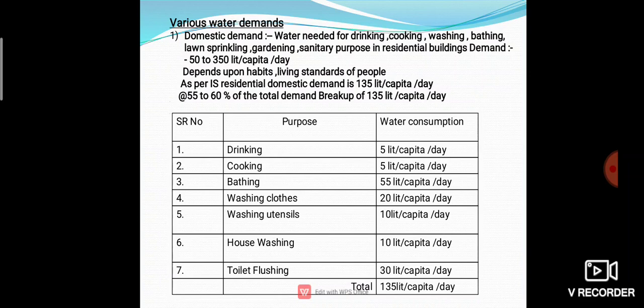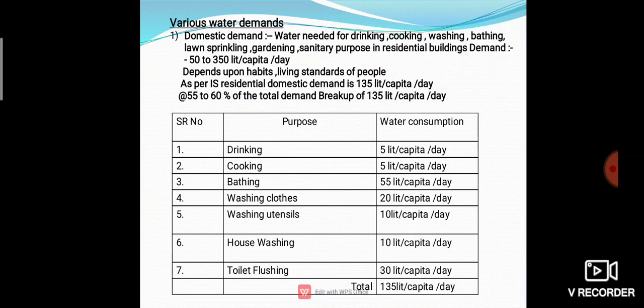So all these factors affect the domestic demand, and it is majorly between 50 to 350 liter per capita per day, or liter per person per day. Whatever is suitable, you can say this. Then it depends upon habits of people, means living standard.